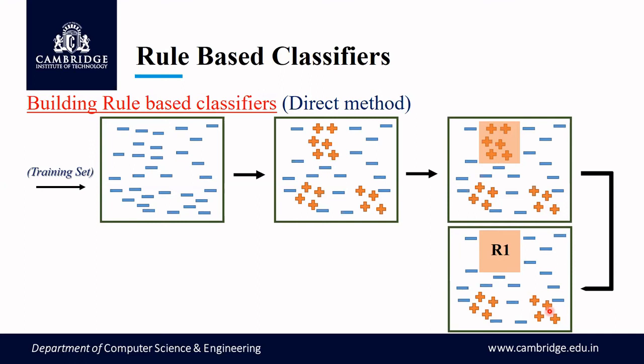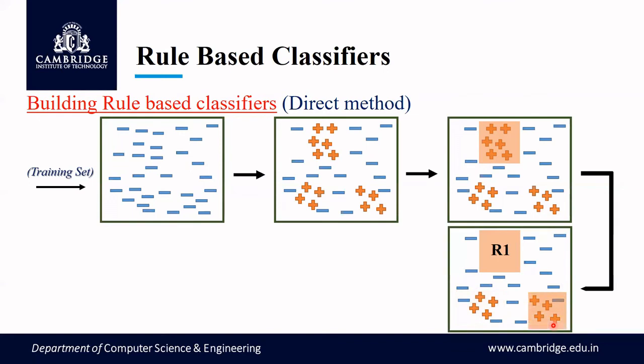I tried to cover this with one rule and found that one negative class is getting covered. Here I tried to cover these records, but there are two negative class records getting covered. Therefore, the best option is deriving a rule first for this and then for this.